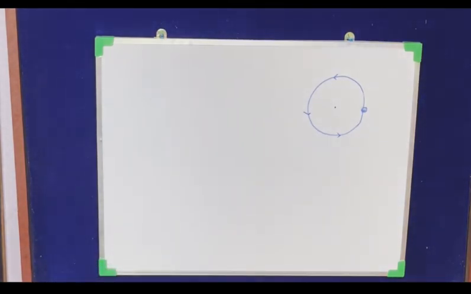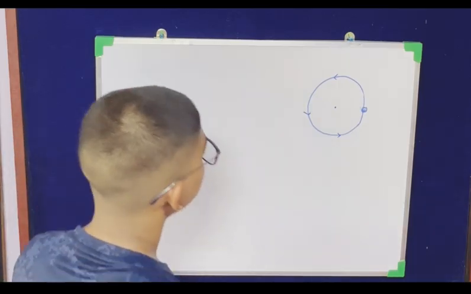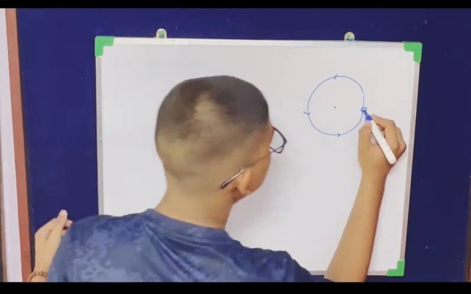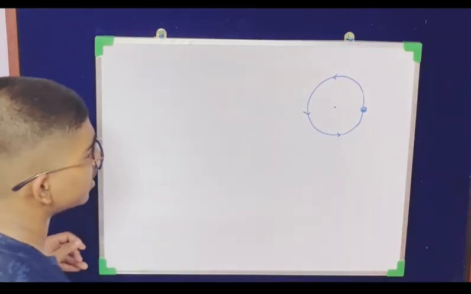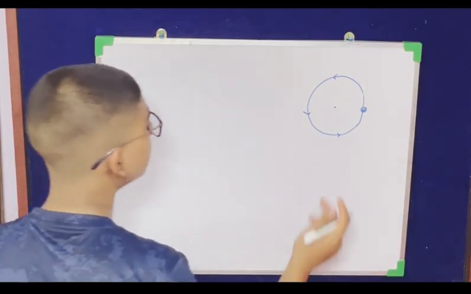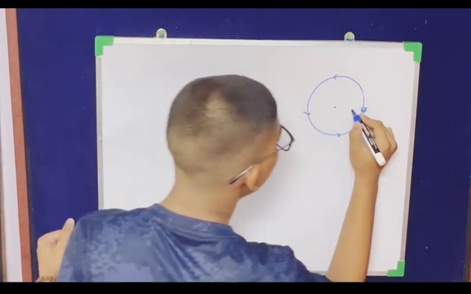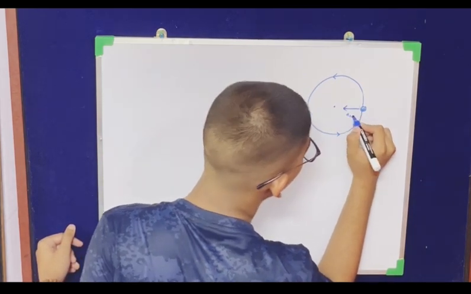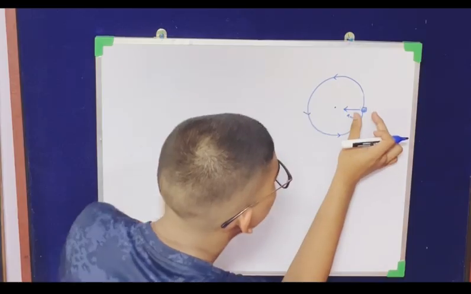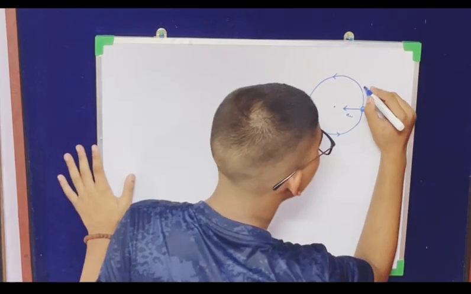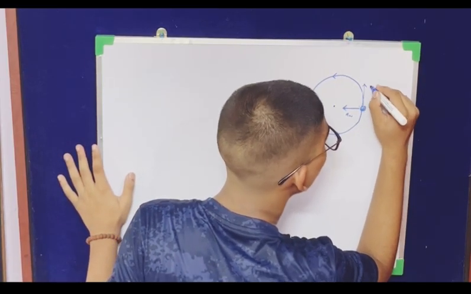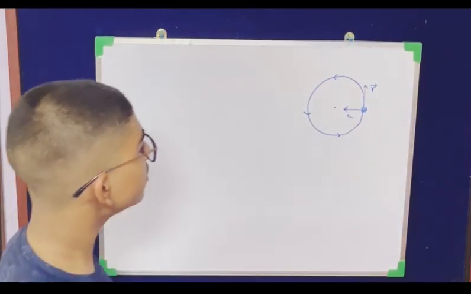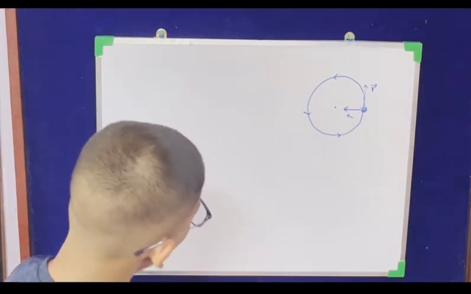As we know, the normal acceleration is responsible for changing the direction. So whenever the direction is being changed, there will be a normal acceleration acting towards the center. Like you see, first it will have velocity v like this, which will be a tangent at the point where we want to find.